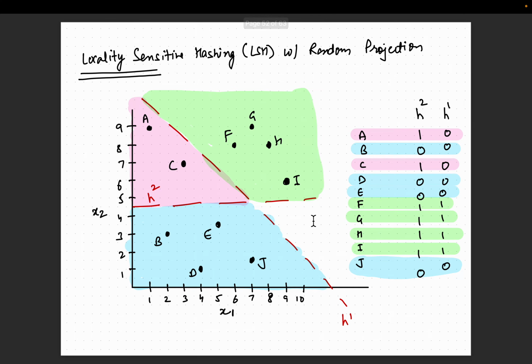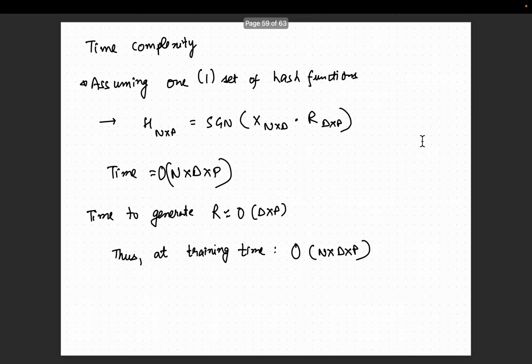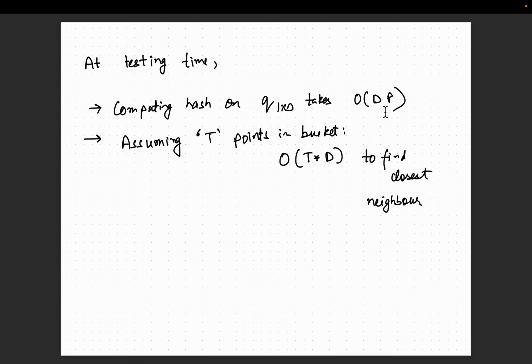If my test point is here, I need to first localize my hyperplane, which means that for a query point, I need to compute this hash vector. Is it above a certain hyperplane? Is it below a certain hyperplane? That would require dp time, because it's a d-dimensional multiplication, the summation of wi xi plus b, which is order d, and you have to do that for p such hyperplanes.